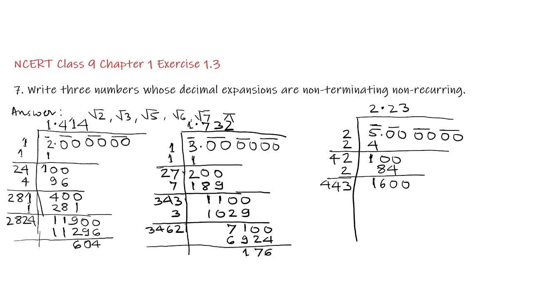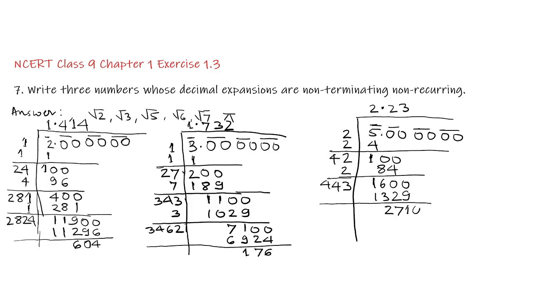So 3 times 3 is 9. 4 times 3 is 12. Carry 1, putting 2 here. And 4 times 3 is 12 plus 1 is 13. Now we subtract 1329 from 1600. 10 minus 9 is 1. 9 minus 2 is 7. 5 minus 3 is 2. And 1 minus 1 is 0.